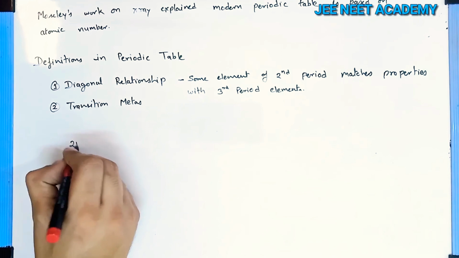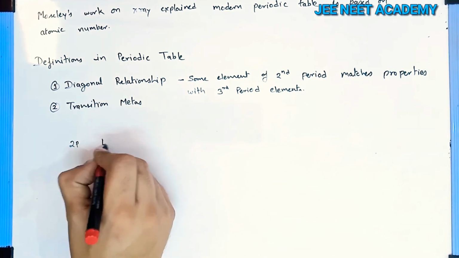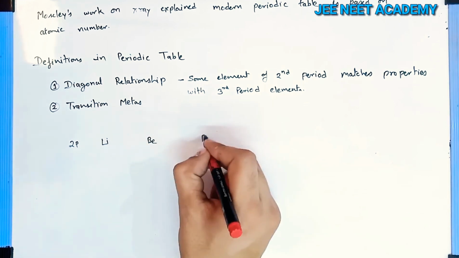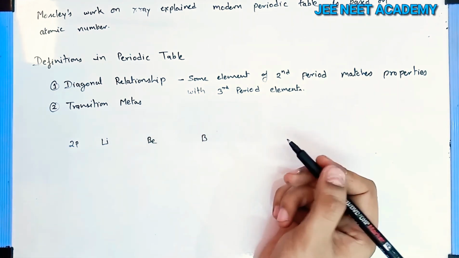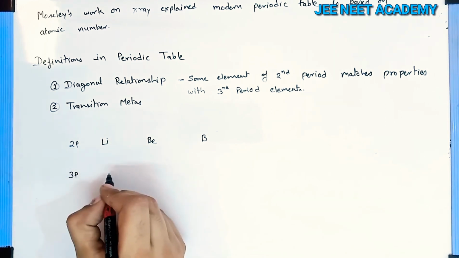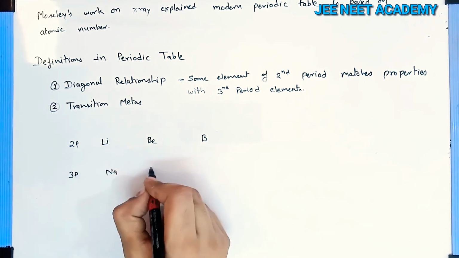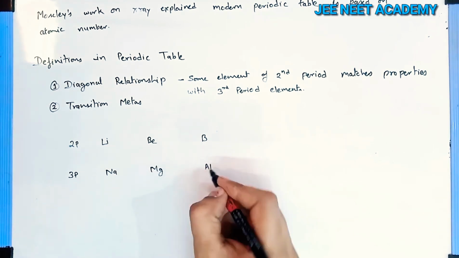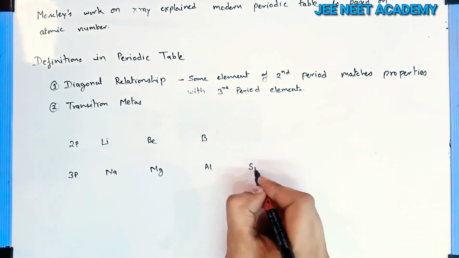Second period's elements are lithium, beryllium, boron, and third period's elements sodium, magnesium, aluminium, silicon.